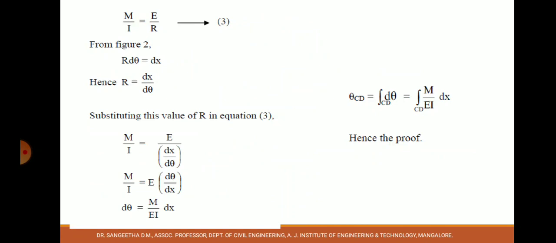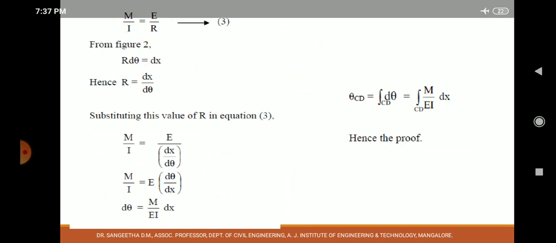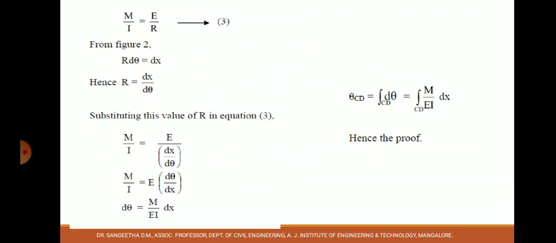Substituting the value of R in the elastic equation, M by I is equal to E by dx into dx by d theta. By rearranging we get the equation for rotation: theta CD is equal to the integral of d theta from C to D, and d theta is nothing but M by EI into dx.